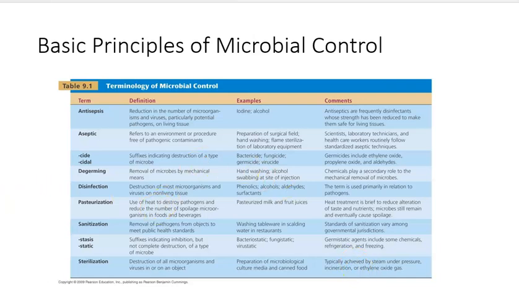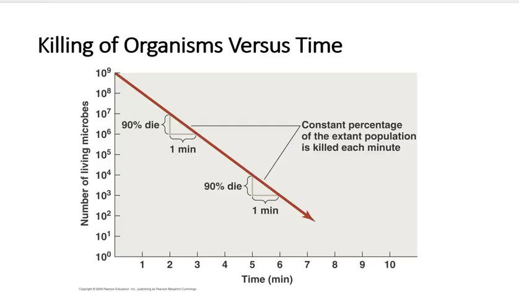All right. So first of all, we have to look at killing. When we try and evaluate these methods of microbial control, we need to look at the killing time.